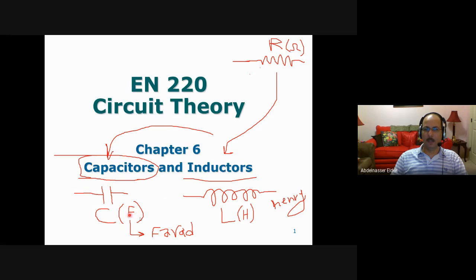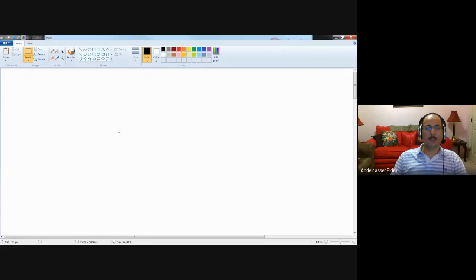Ohm, farad, and Henry. R, C, and L. Let us see the properties of each one of them. It is good to compare them, because capacitor and inductor are actually opposite to each other.